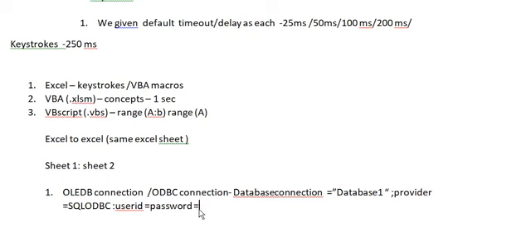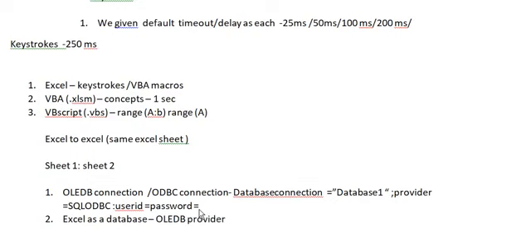So how will it work with OLEDB? It works with Excel as a database. If you want to connect Excel as a database, then probably you have to use the OLEDB provider.